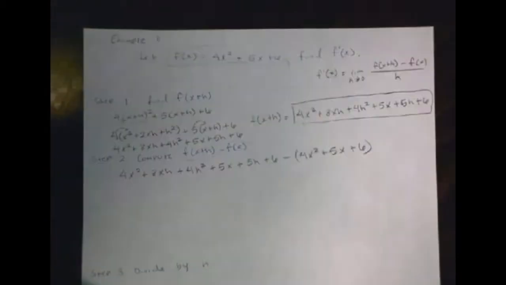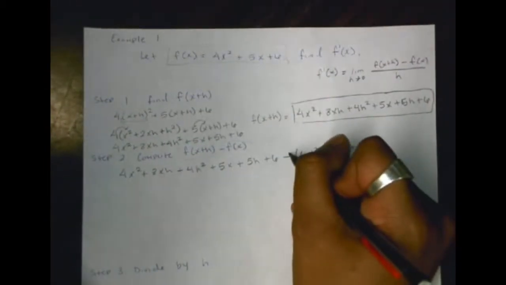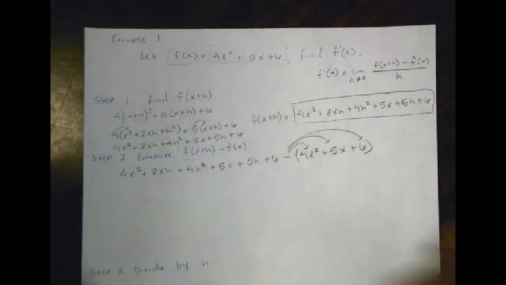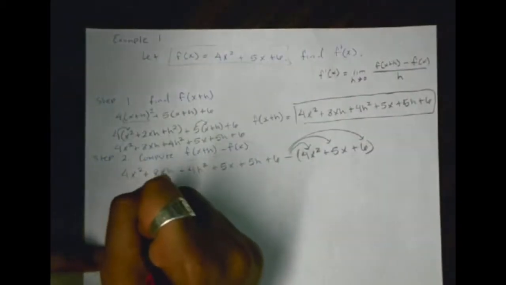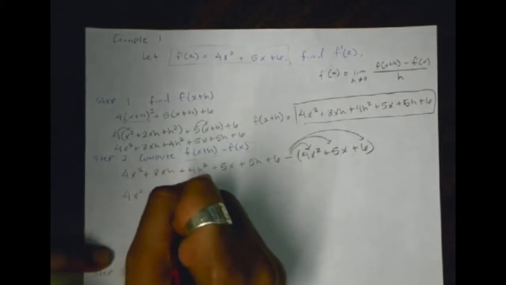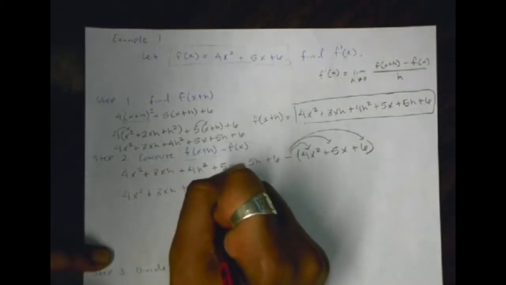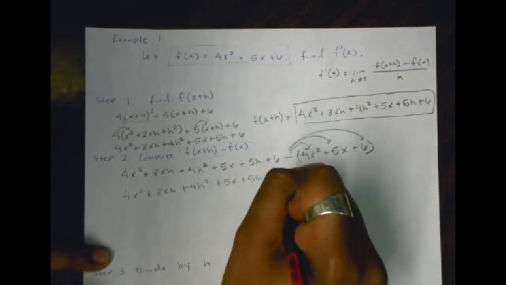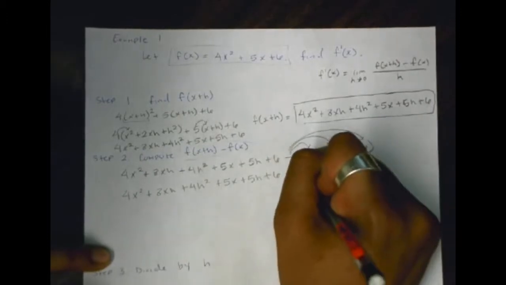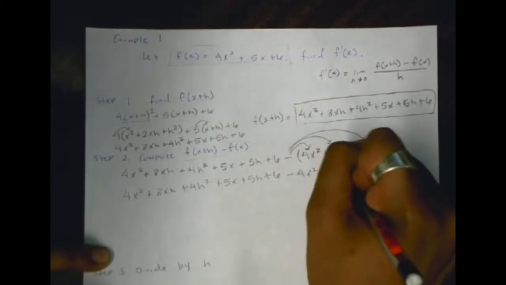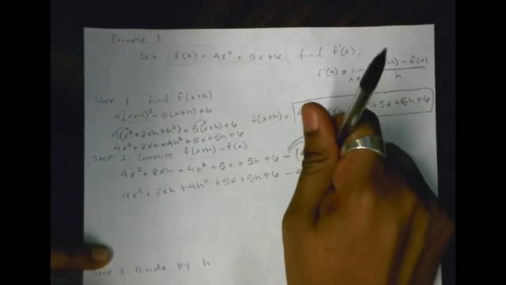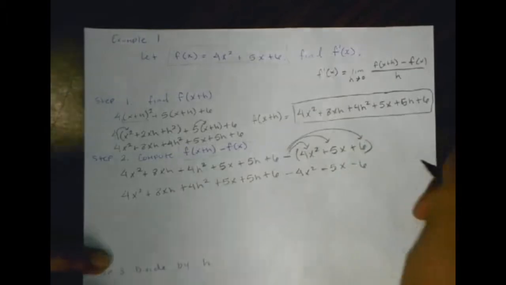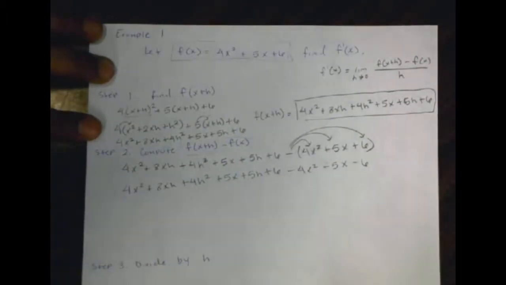Now, I'll distribute this negative into the parentheses, and I'll get 4x squared plus 8xh plus 4h squared plus 5x plus 5h plus 6 minus 4x squared, oh I'm sorry, that's a negative, minus 5x minus 6. So let's look at the like terms.